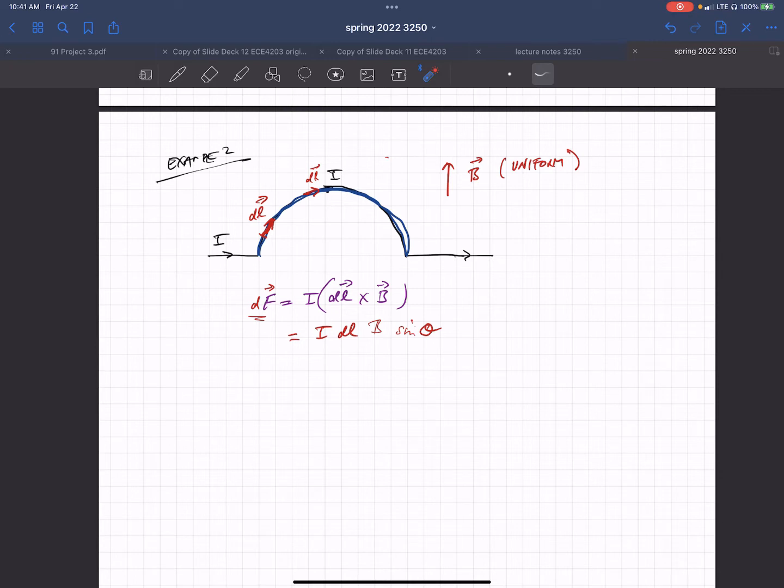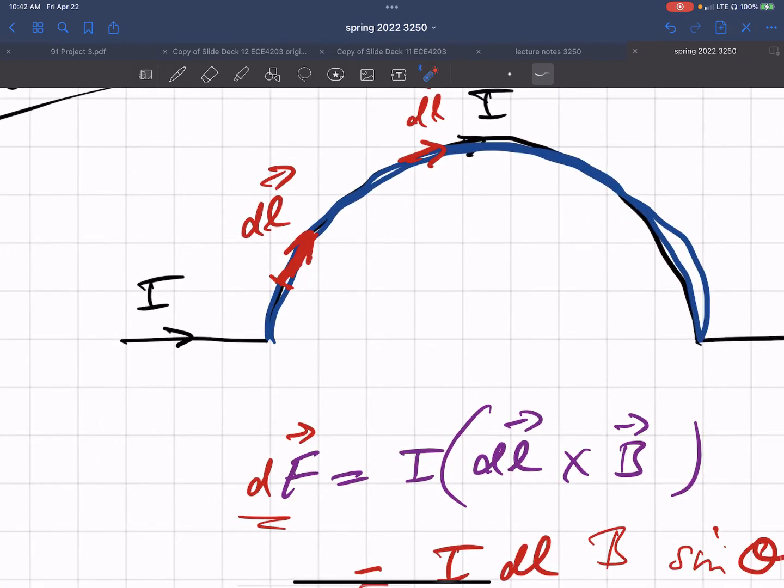Okay, so let's think about this. Let me make sure I'm looking at my good notes here. All right, so let's think about this thing over here. This dl, there is an angle theta here.